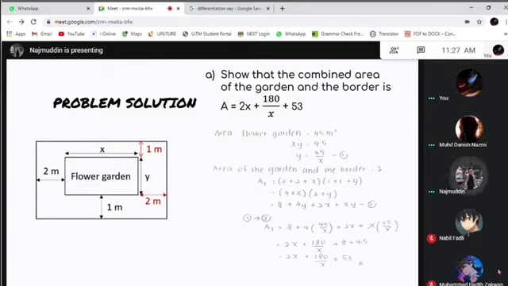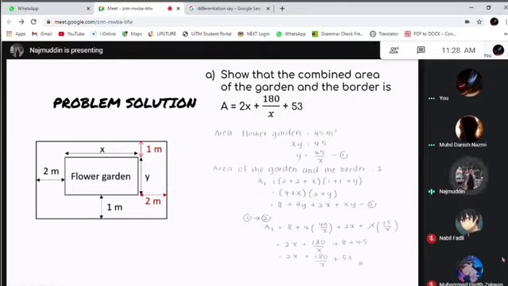Okay, so the area of the flower garden is 45 m squared. For the area of the flower garden, you must multiply x times y equal to 45. So if you want to find the width of the flower garden, it will be y equal to 45 divided by x. After that, the area of the garden and the border. So this 80 is the area of this big rectangle.